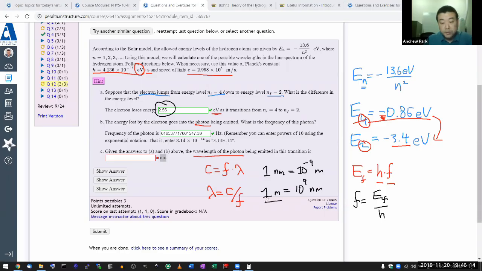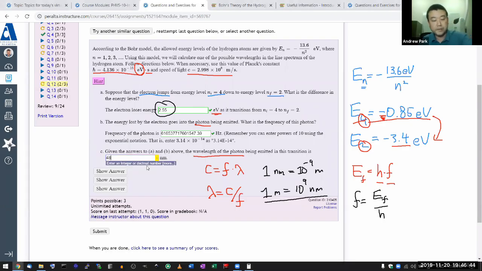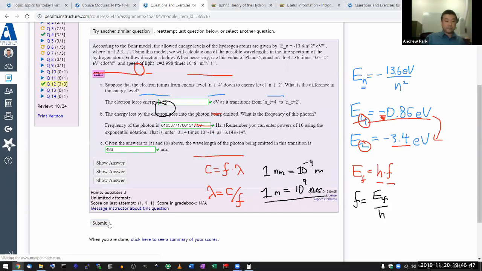Another way to put it is there are 10 to the 9 nanometers in 1 meter. So on this calculator, this is in meters, so I'm replacing 1 meter with 10 to the 9 nanometers. Times 1 times 10 to the 9 nanometers. So, okay, 486 nanometers. Yeah, 486. Submit.